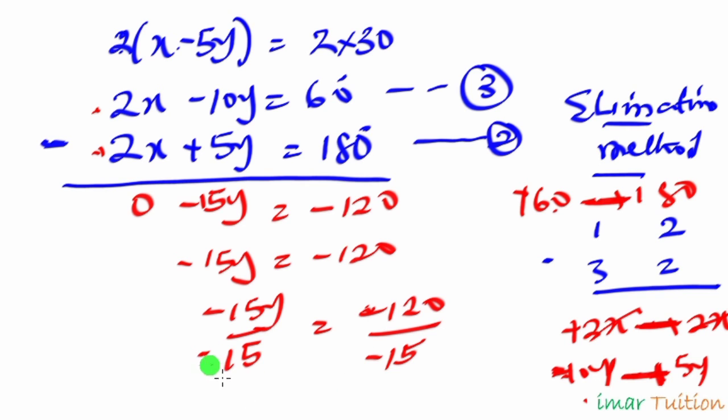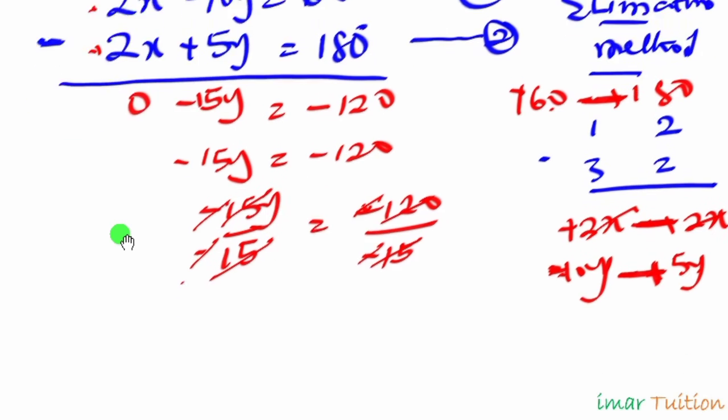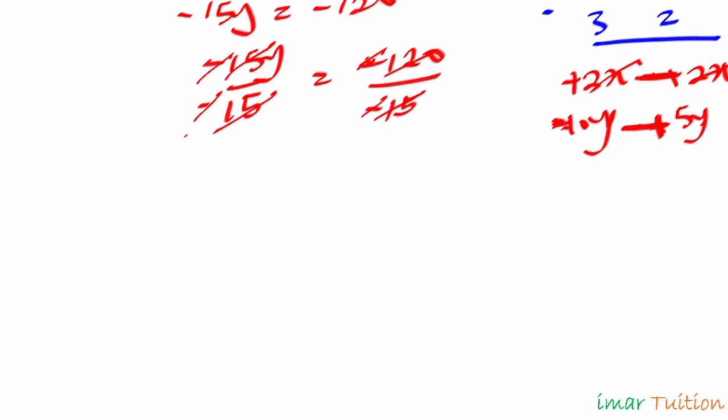I'm using minus for both sides so that I can cancel out the minus signs. 15 cancels 15, minus cancels minus. On this side you'll be left with just y, and you have 8 as your value for y. So y is equal to 8.